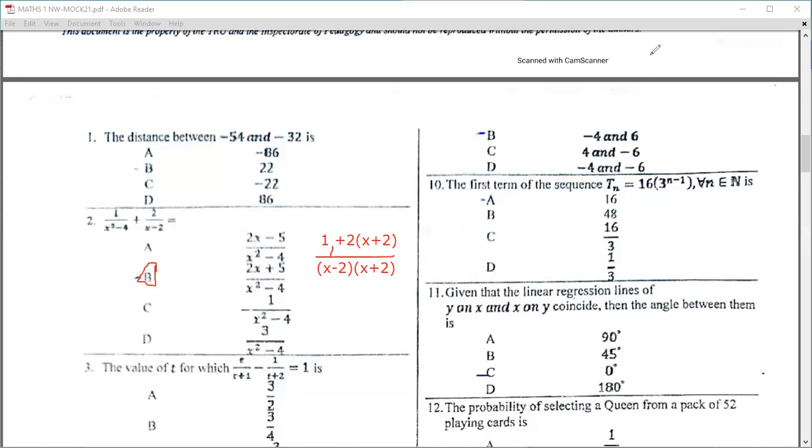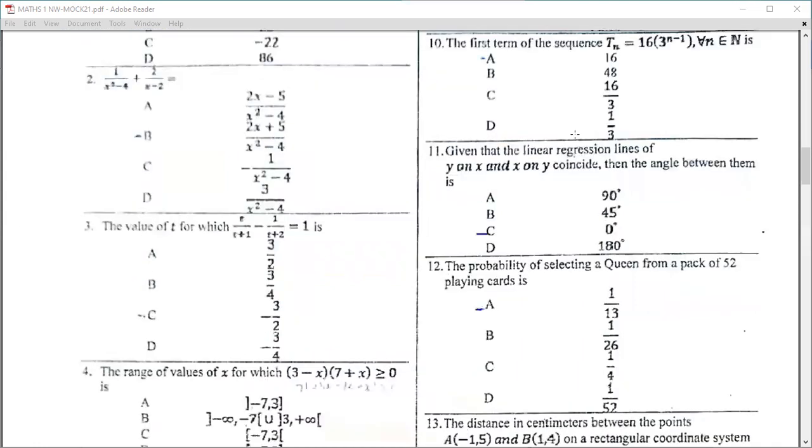The next question, question number 3, we have the value of t for which t over t plus 1 minus 1 over t plus 2 equals 1 is. So here we just need to cross multiply. And when we cross multiply, what are we going to have here?